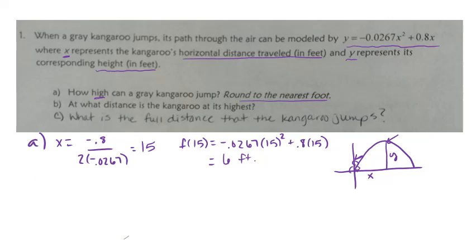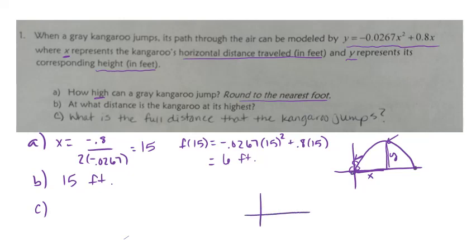All right, now for part B, at what distance is the kangaroo at its highest? So we actually already found that, because the distance that it's at its highest would be the x value here. Since we already found that answer to be 15 feet, that's the x part of the vertex. And then the full distance that the kangaroo jumps, that means from beginning to end.